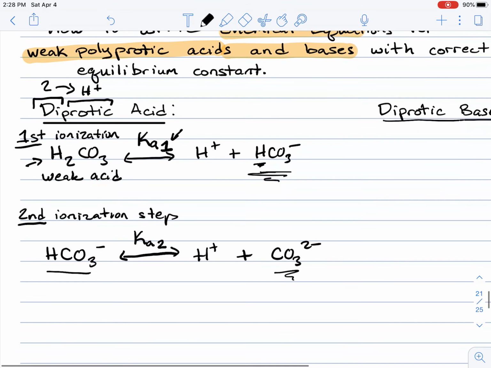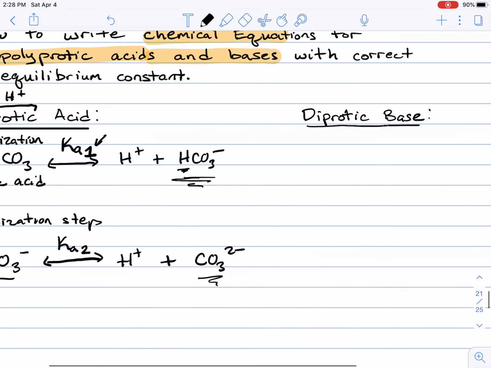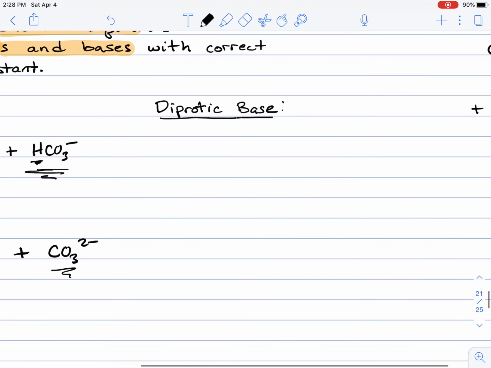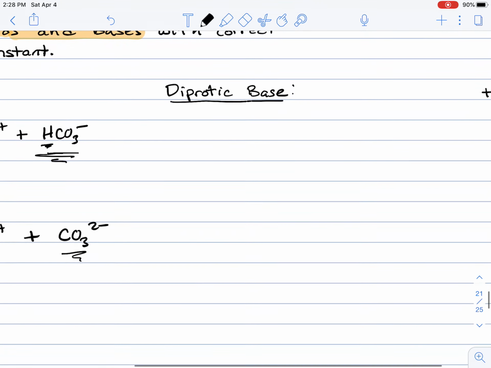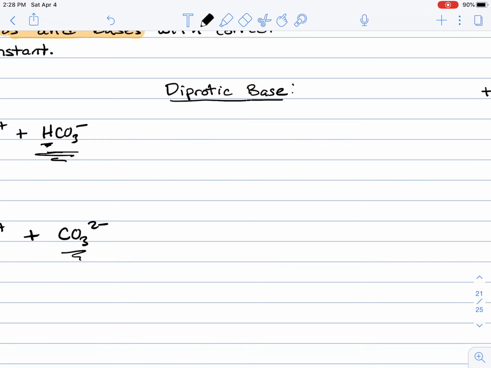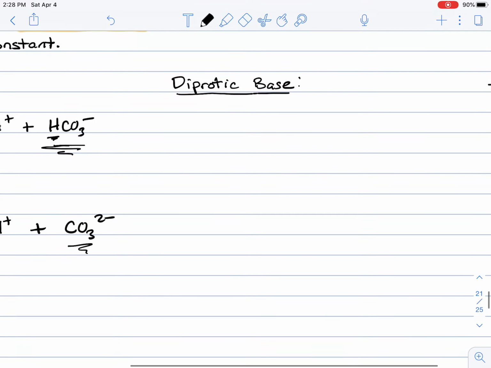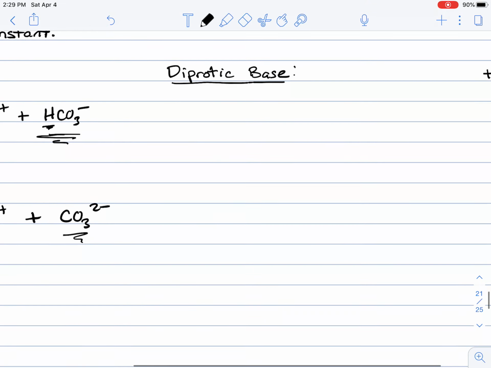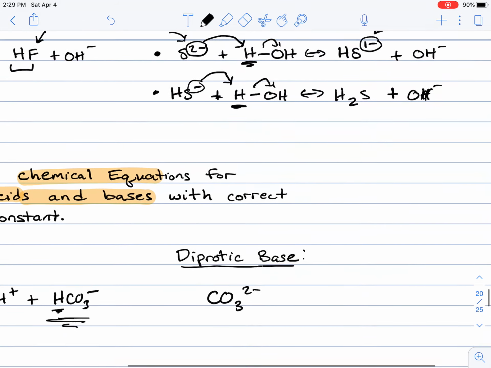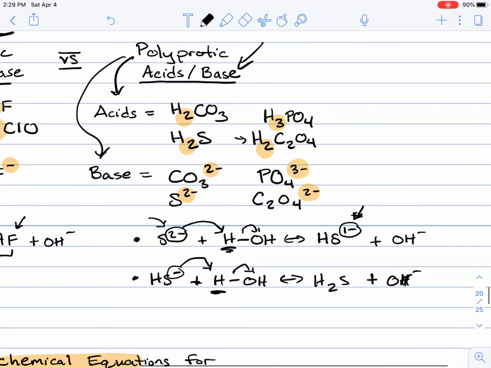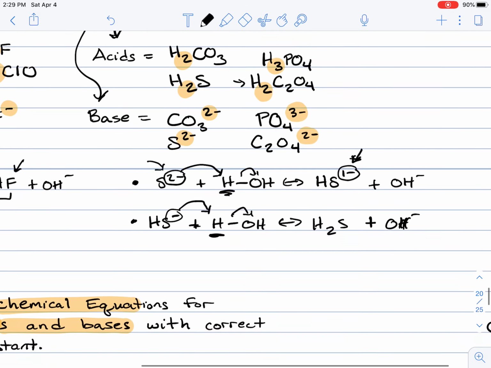Now we're going to do the same thing for a diprotic base. Let's look at CO3 2-, carbonate. It's very similar to what we did when we compared the polyprotic base to the monoprotic base.